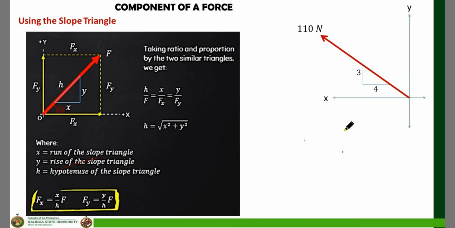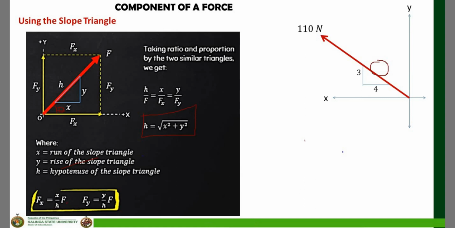From your trigonometry, this is a right triangle, right? So to solve for the hypotenuse, we use the Pythagorean theorem.